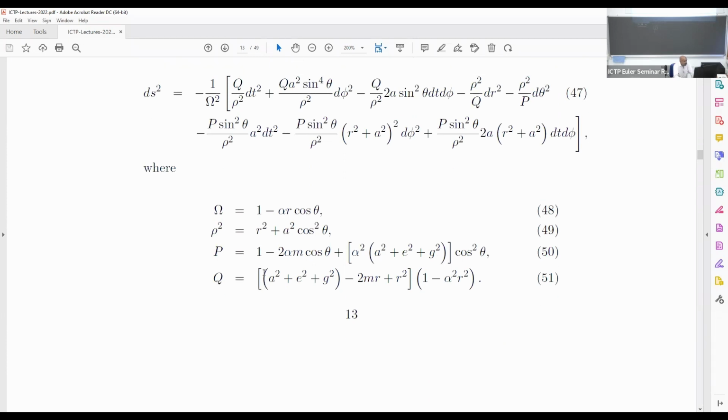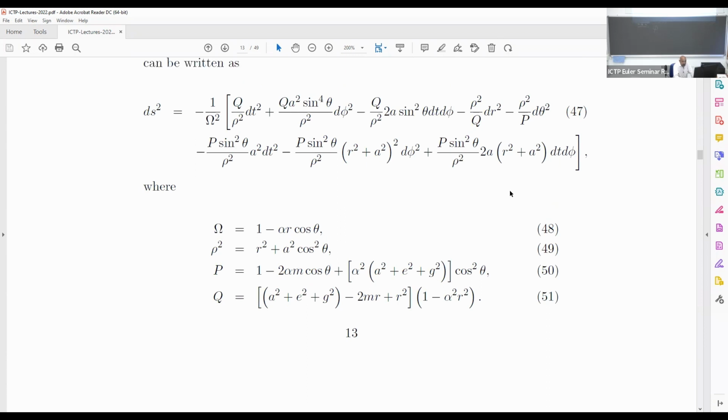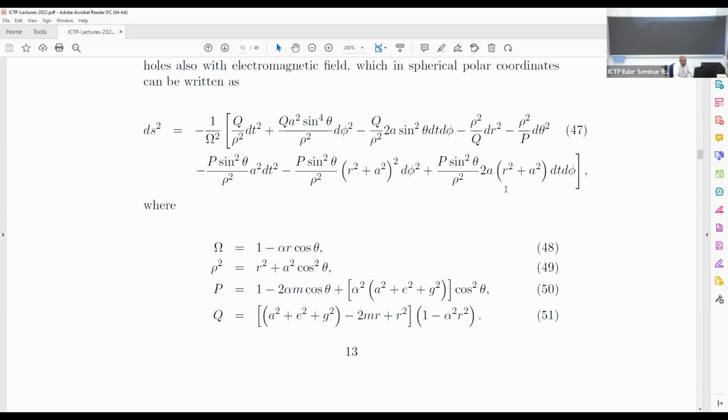This capital P is defined in expression 50. The line element 47 involves some expressions which are defined in 48, 49, 50, and 51, just to write this in compact form, otherwise it would be much more complicated.